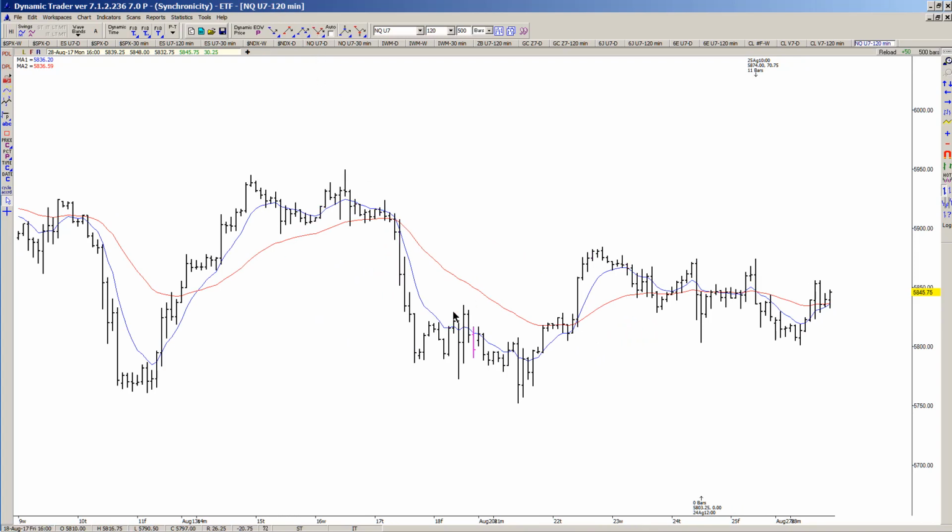If you remember that we had a 100% projection from a prior decline, let's say this high to this low, projected from the high, that came in at the 5801 area.